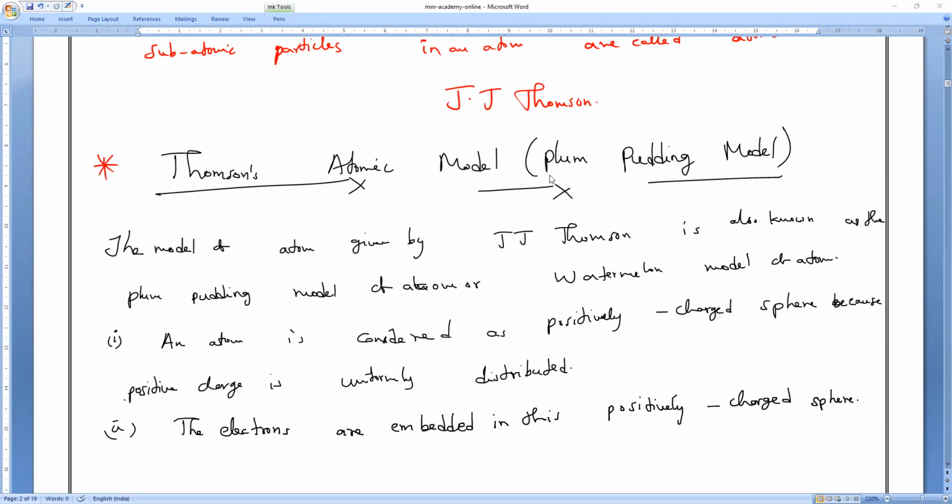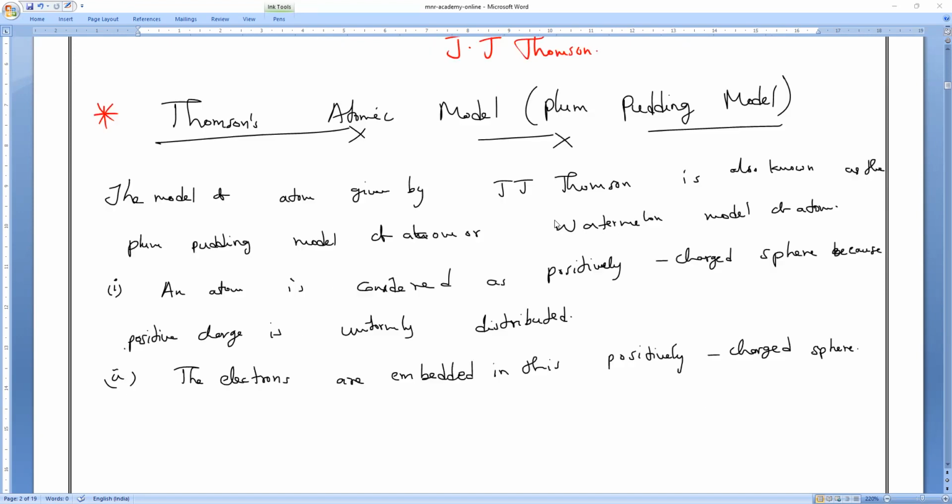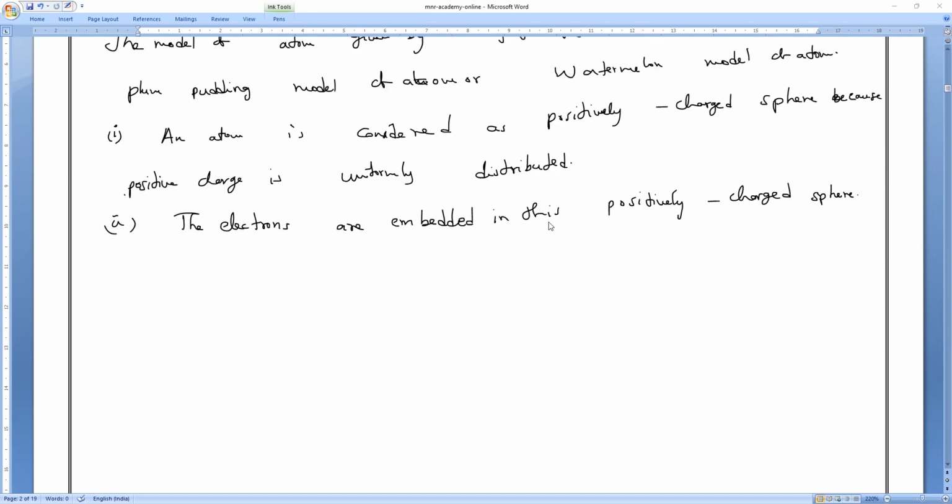Those are what we call negatively charged, and the entire plum cake is considered as positive charge. Of course, we'll discuss now. I'll show you. Clear, everyone? So the third point. There are only 3 points regarding this.